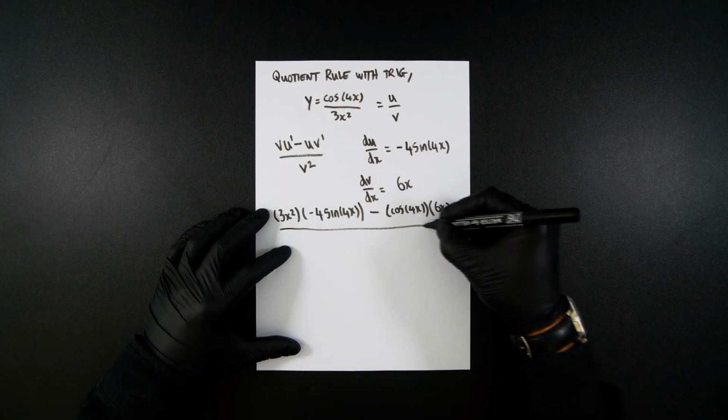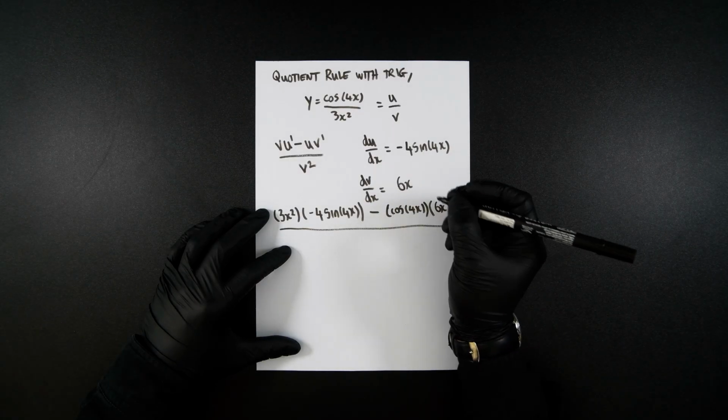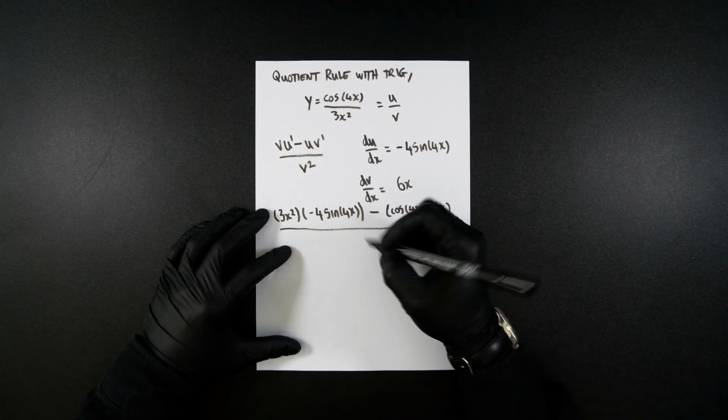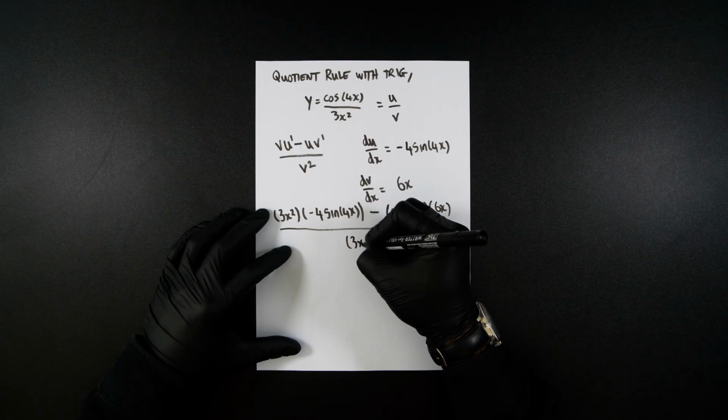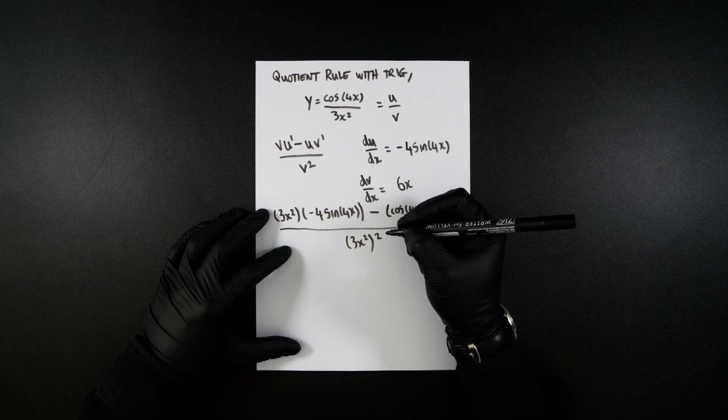We divide all of that by v squared, so that is 3x squared all squared.